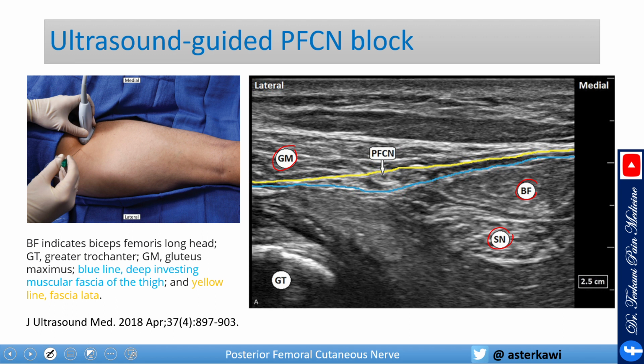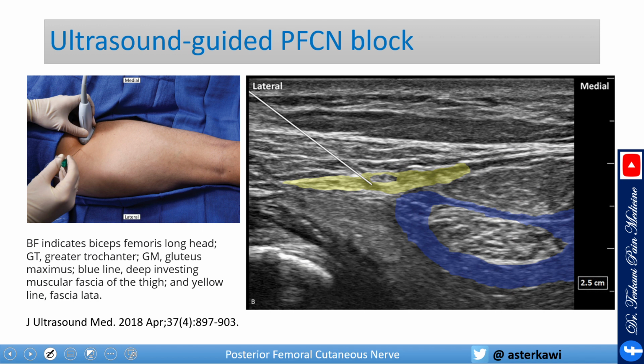Notice there are two fascial lines here. The yellow line represents the fascia lata, just underneath the gluteus maximus. And the blue line is the deep investing muscular fascia of the thigh.